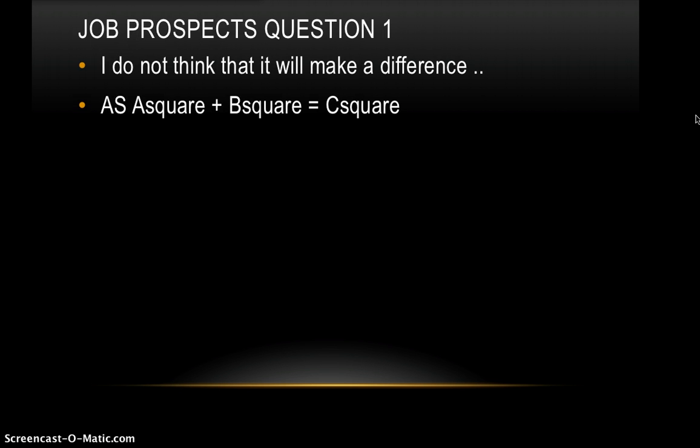So for job prospect 1, the question is asking which plot of land would you rather mow, the A or B combined or C. I don't think it makes any difference.